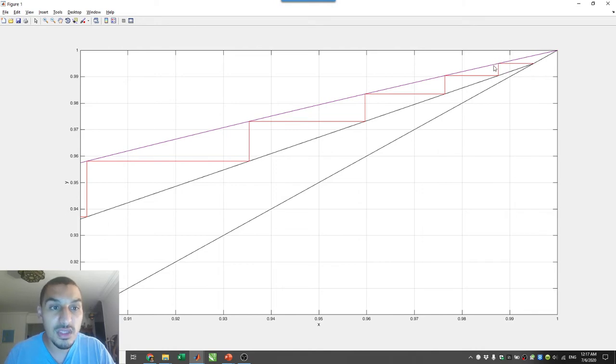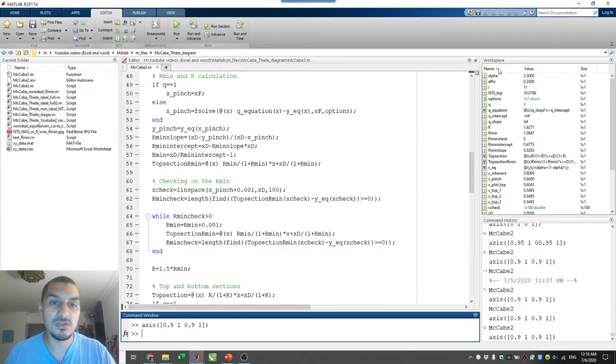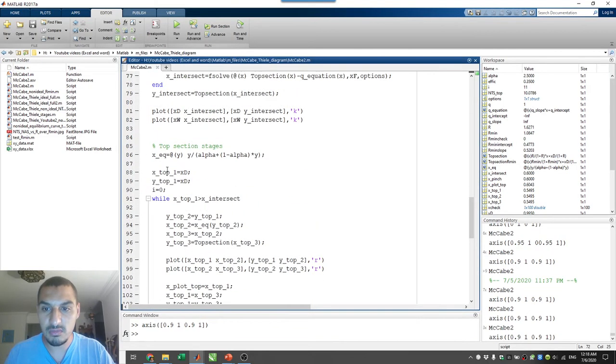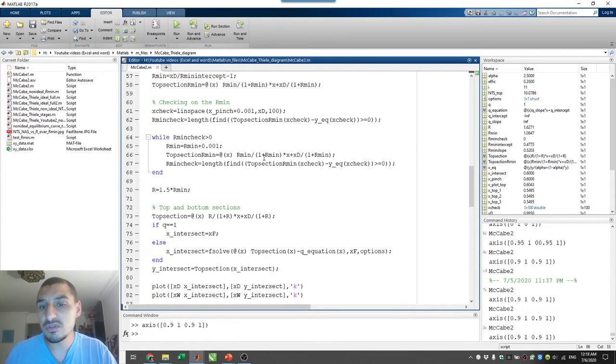So we need to get the value of x, based on the value of y. Okay, so this is why we needed to put the x equilibrium equation that I put here.